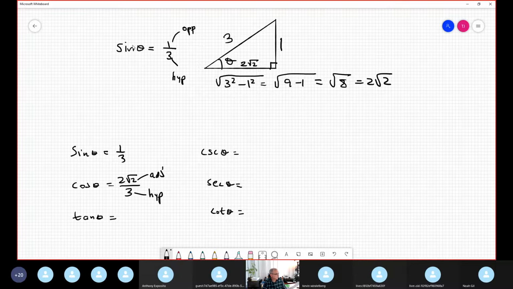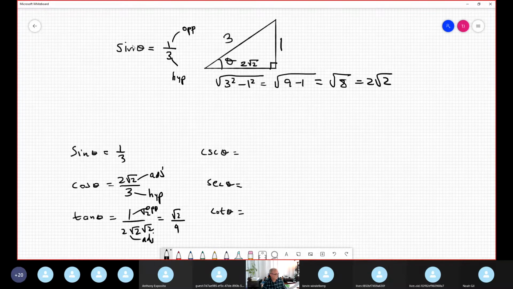Super. I like that. Tangent is 1, which is the opposite, over 2 radical 2, the adjacent. You can leave it like that, or rationalize: radical 2 over radical 2. Then it's radical 2 over 4, because radical 2 times radical 2 is 2, and 2 times another 2 is 4. The rest is easy.